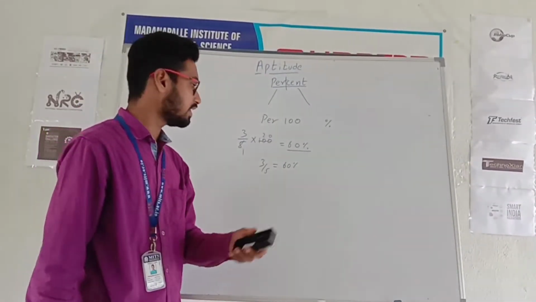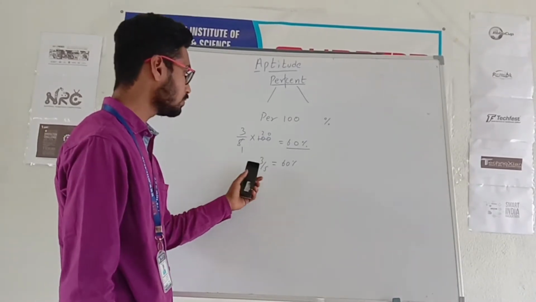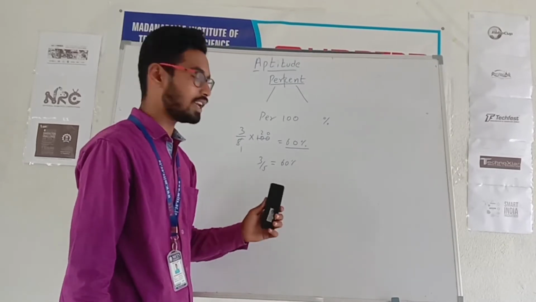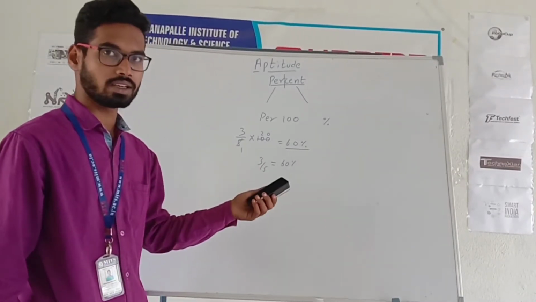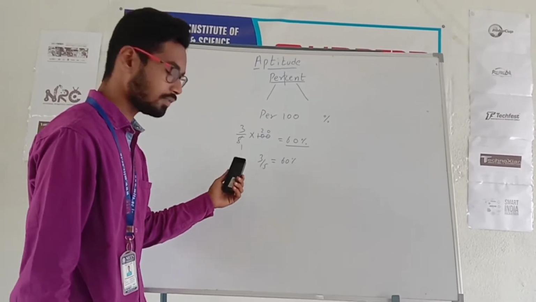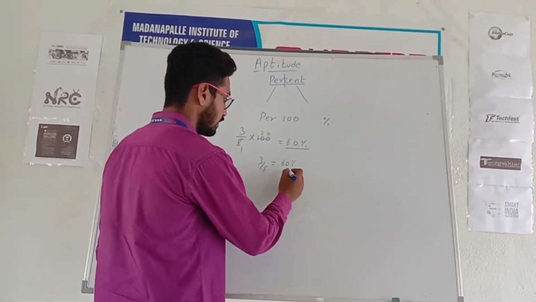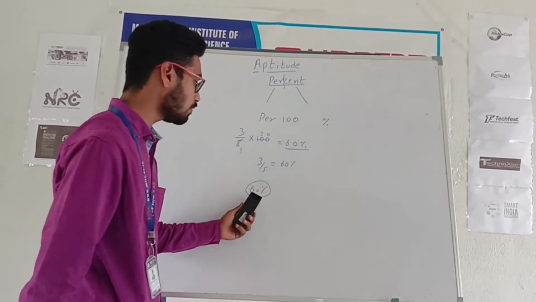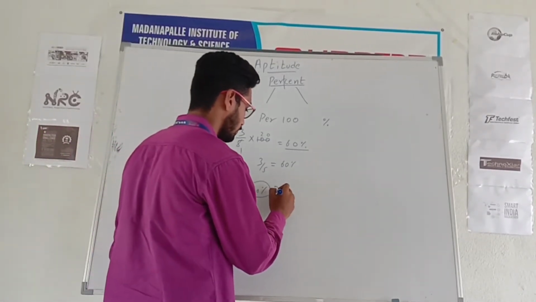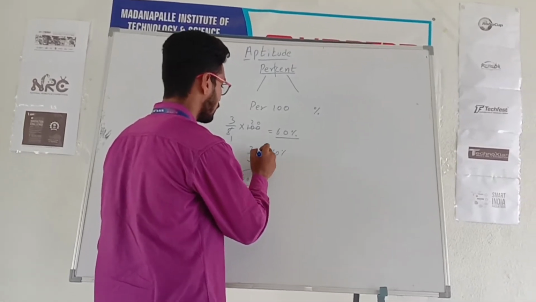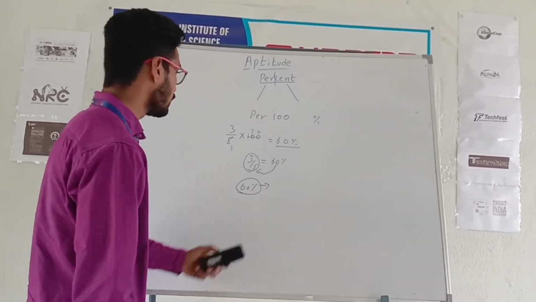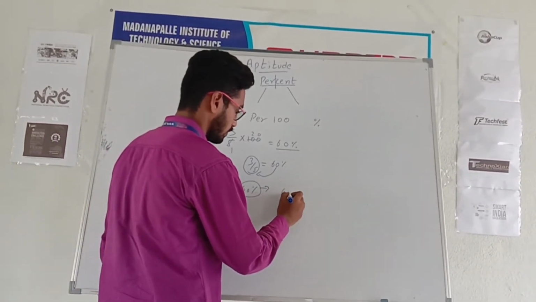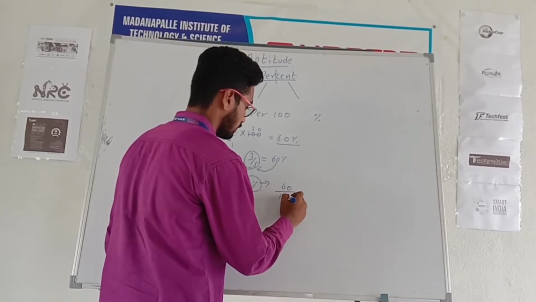Now let's convert in reverse, percentage to fraction. Let us take the same example. Here they have given 60%. We have to convert this into a fraction, and the output should be 3 by 5. The approach is 60 by 100.